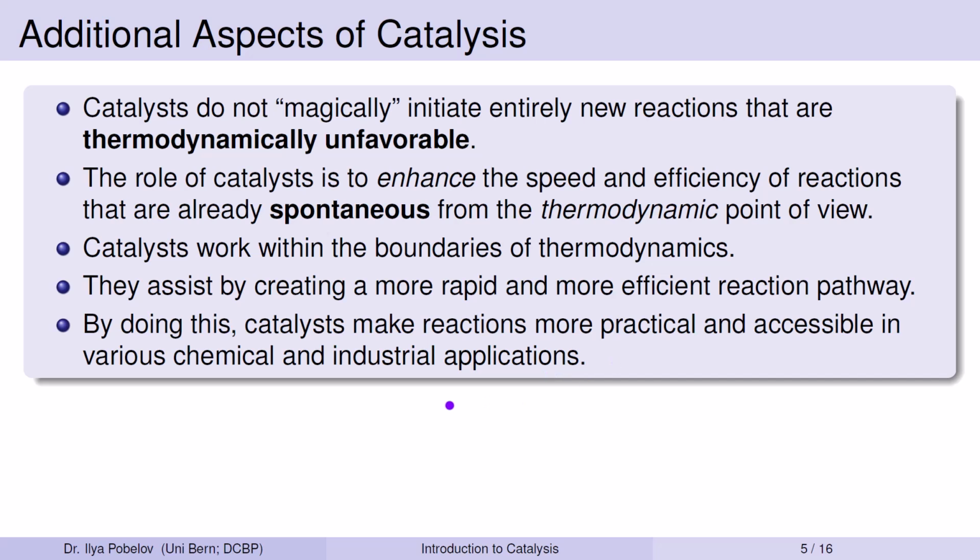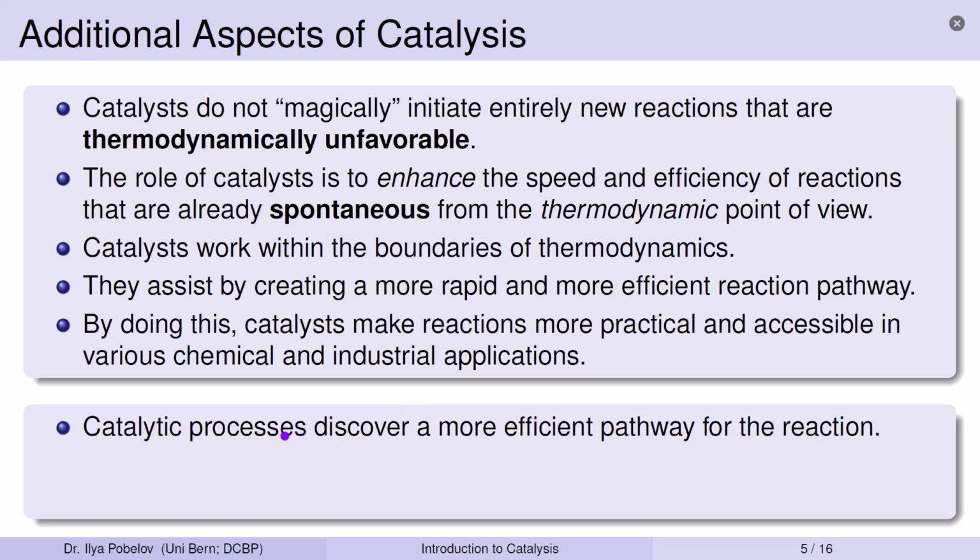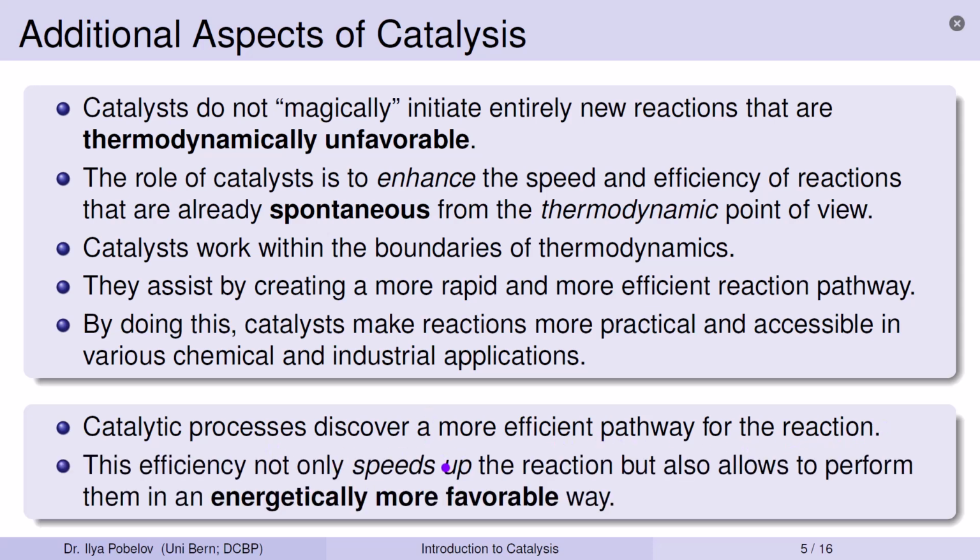Another aspect of catalysis is the decrease in energy consumption. While non-catalytic processes can be imagined as being complicated and demanding, catalytic processes discover a more efficient pathway for the reaction. This efficiency not only speeds up the reaction but also allows us to perform them in an energetically more favorable way.